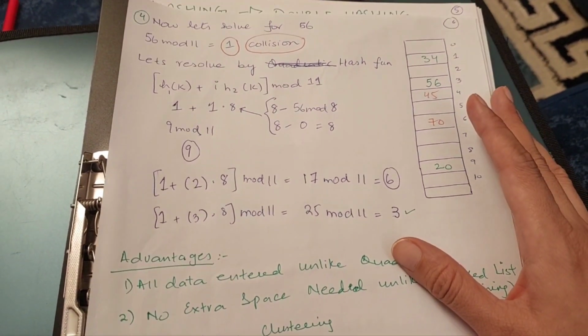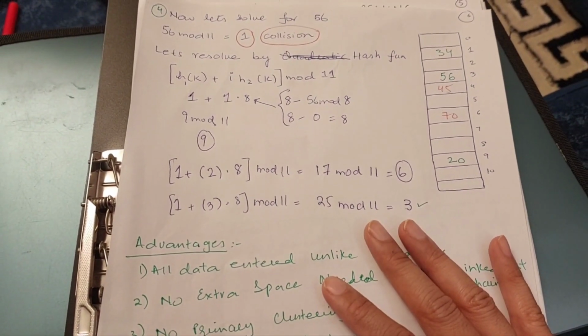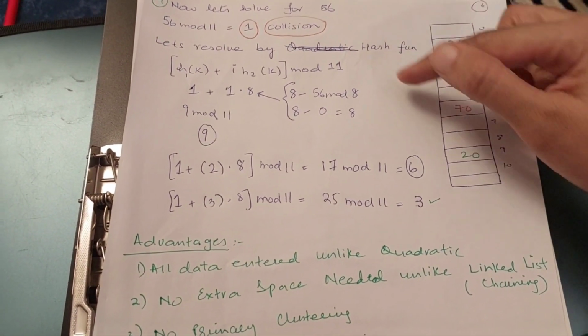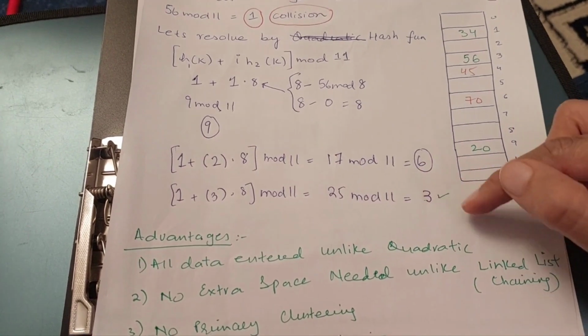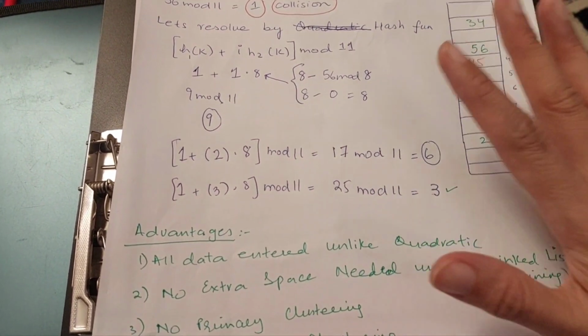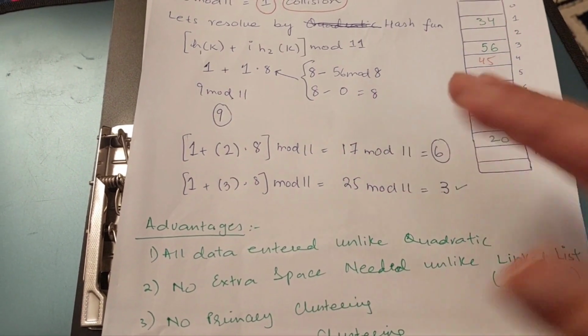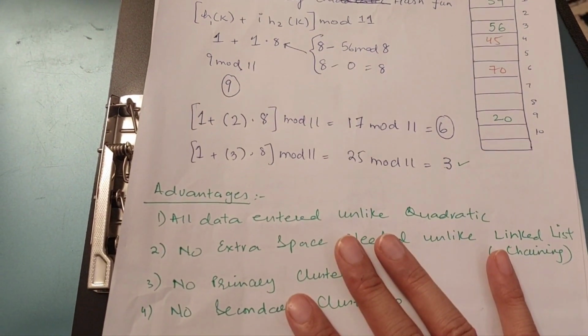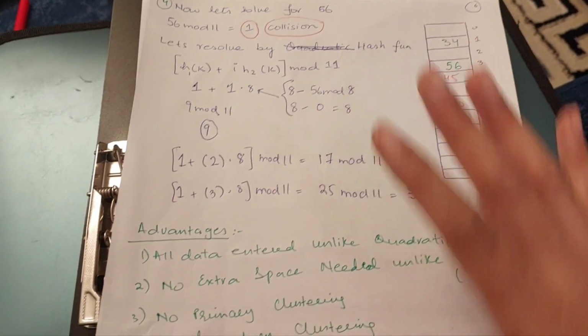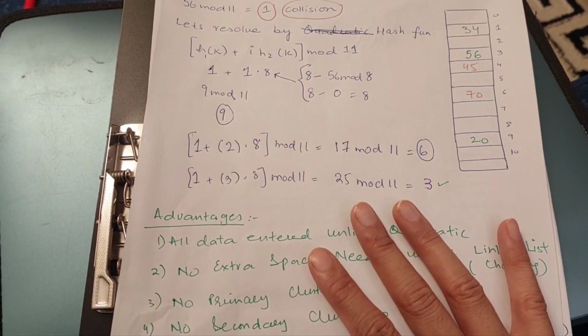Whenever we were using quadratic hash function, not all the data was able to be entered. We were probing and probing and probing, and we were again and again coming onto the same locations, and we were not able to fully add all our data. But in the case of double hashing, we are actually able to fill in all our keys. So this is a big advantage.